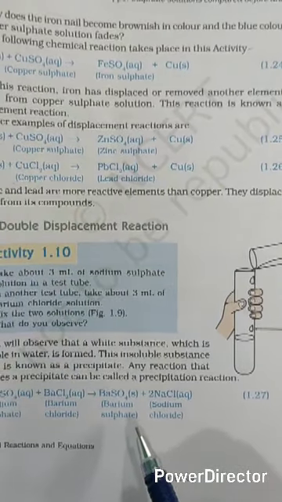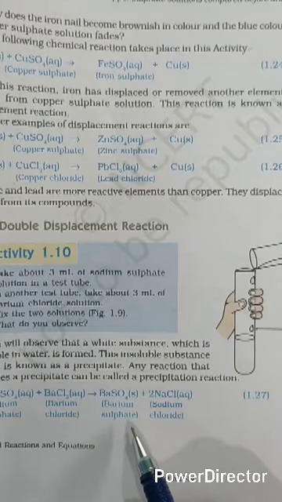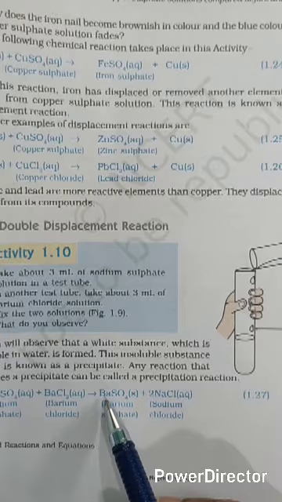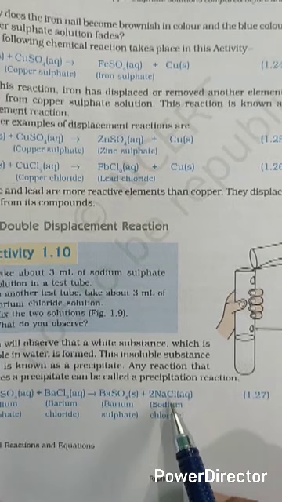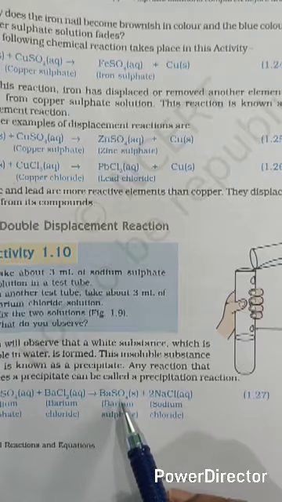And you get confused about which will be precipitated. Compared to barium, sodium is a more active metal, so sodium chloride will be in the salt solution. On the other hand, the less active metal compound, barium sulfate, will be deposited.